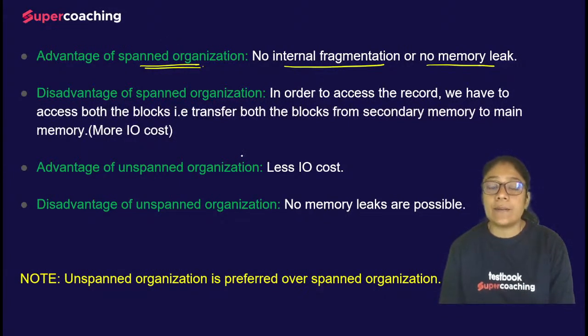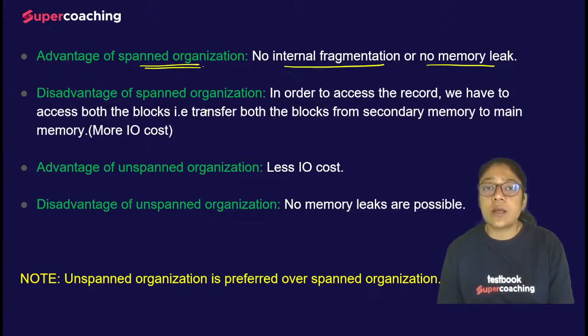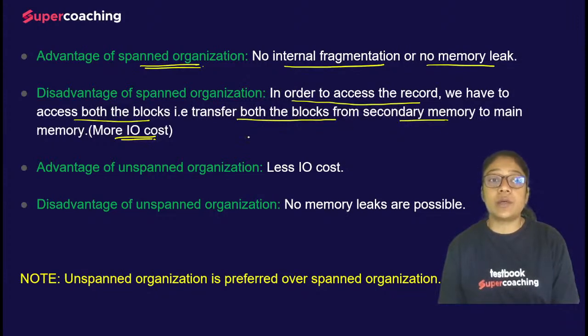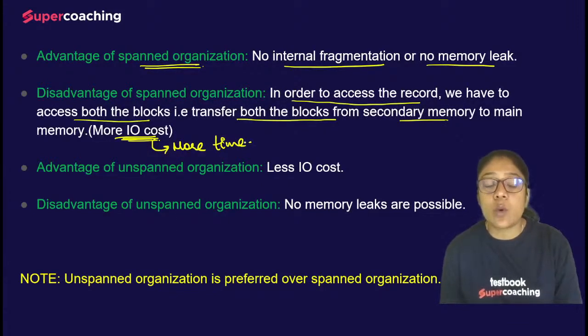But the disadvantage of spanned organization is that sometimes, in order to access a record, we might be transferring more than one block from the memory, which results in more IO cost. As we saw in the example, we need to transfer the blocks from secondary memory to the main memory, so more time is required. It's saving the space, but more time is required.